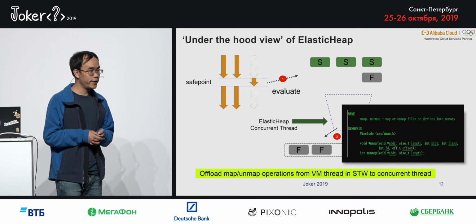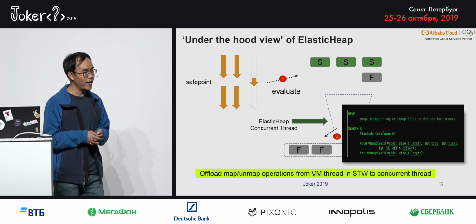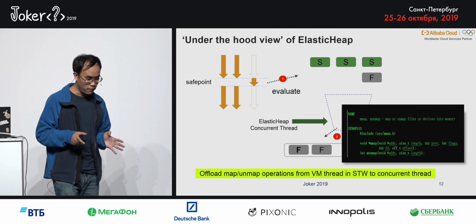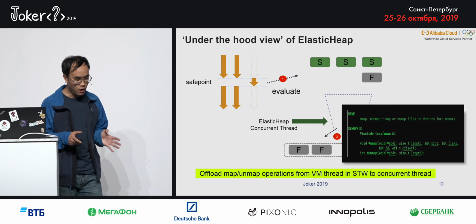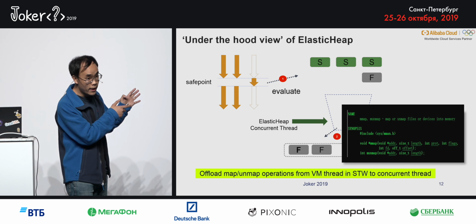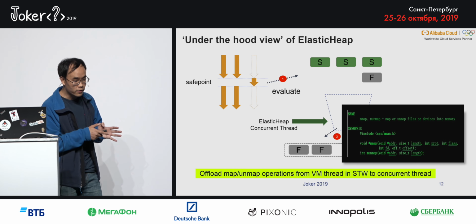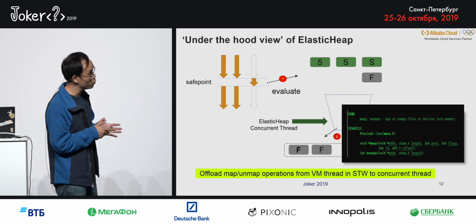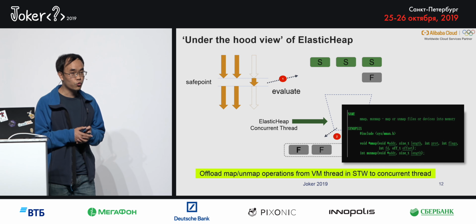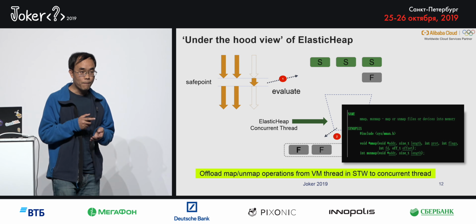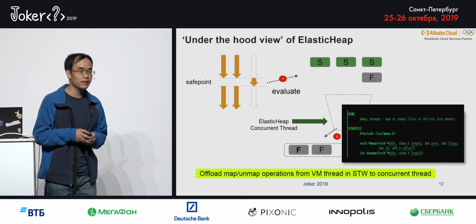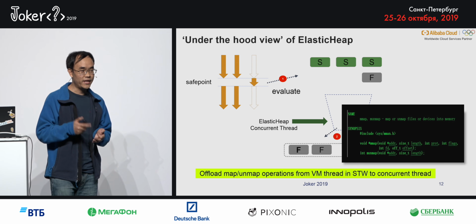I'll share some key design points in elastic heap. The key point here is we offload the map and unmap operation from the VM thread in step 1, in stop-the-world time, to the concurrent thread in step 2. This is very crucial because map and unmap operations are very, very expensive, and may cost many CPU cycles.